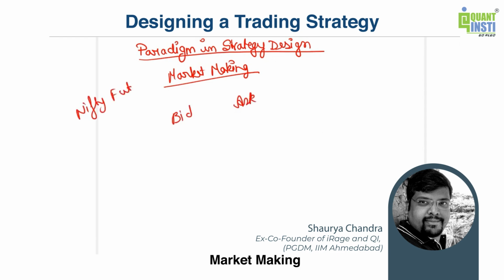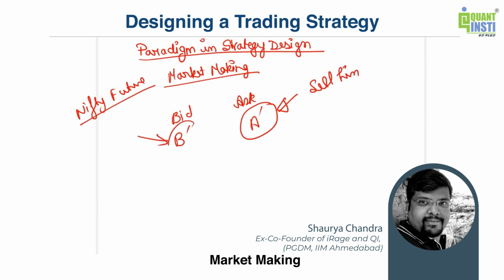A market maker would try to stand at bid and ask, say B dash and A dash, so that someone would come and buy from him at A dash and he gets sold to at B dash. So what will happen is I am able to sell at A dash and buy at B dash, my net position is 0, but I would have pocketed the difference.